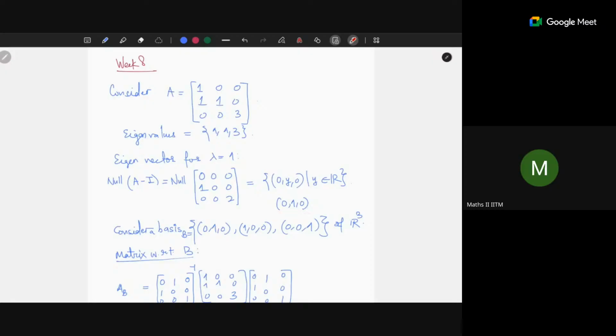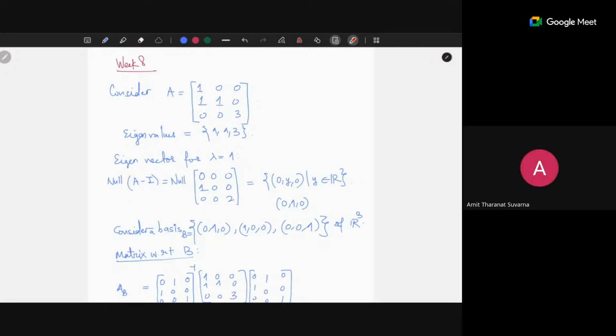I am not looking at the eigenvector for the other eigenvalue. So the first vector I'm taking is (0, 1, 0). Now I'm completing this set by adding two more vectors which are independent of the first vector. This is how I have obtained a new set of bases.